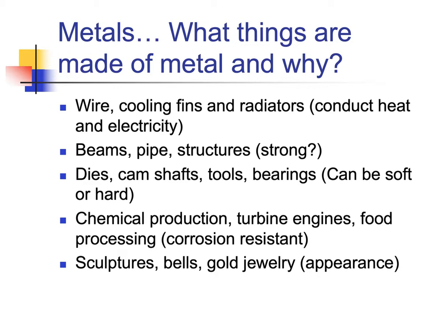Another thing is we can make it hard or soft by heating it and cooling it. There's several different ways of hardening the material. And you can make steel, let's say, almost as hard as glass. So fully hardened steel can almost scratch glass.